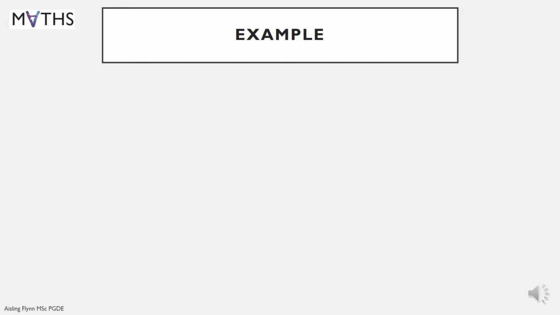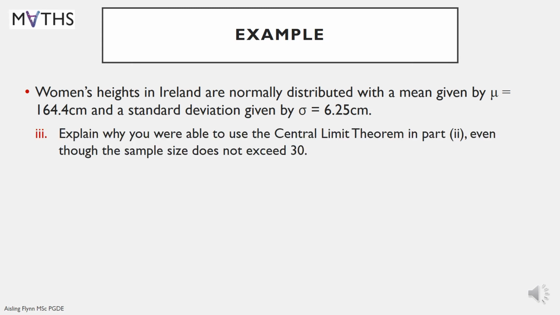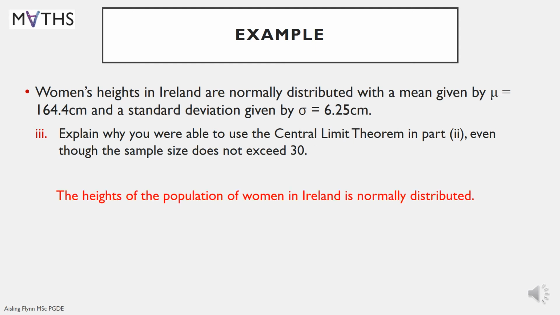Now part 3 of that same question, which is very interesting, asks you to explain why you were able to use the central limit theorem in part 2 even though the sample size does not exceed 30. So we only had 25 in the sample size. The reason for this is that the heights of the population of women in Ireland is normally distributed.